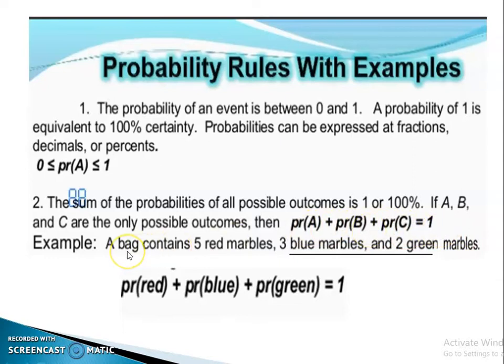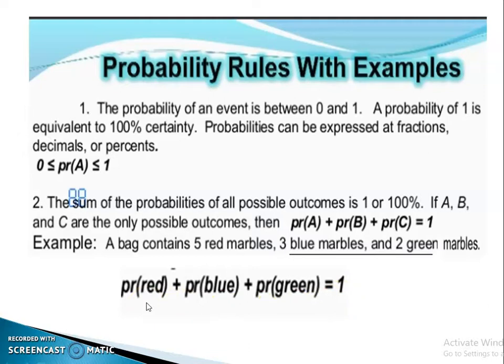For example, a bag contains 5 red marbles, 3 blue marbles and 2 green marbles. Then probability of red marbles plus probability of blue marbles plus probability of green marbles is equal to 1. Now probability of red marbles is 5 out of 10.